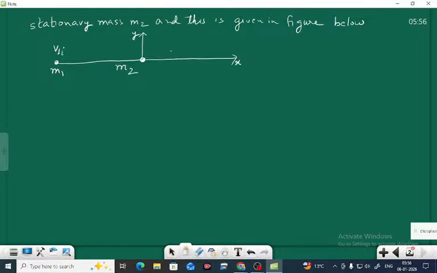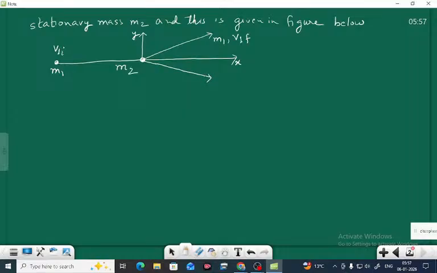And in this direction M1 is going with velocity v1 f, the final velocity of mass M1, and in this direction M2 is going.